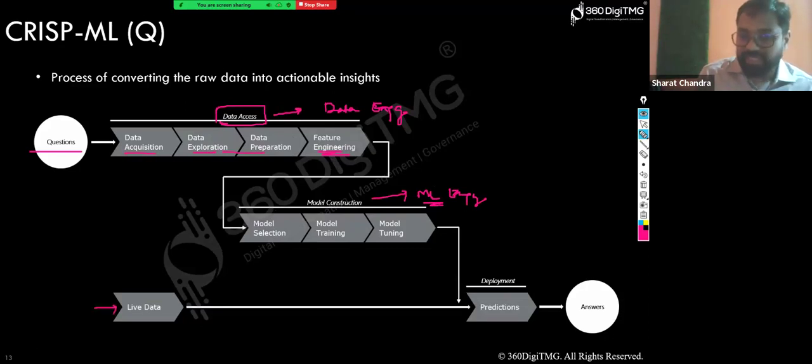So when live data is coming in, this is offline, right? We give one set of data, and then the data scientists implement the steps to ensure that something is developed. But that developed solution has to be implemented in the live world, right? The live, production scenario. So that means live data is coming in.